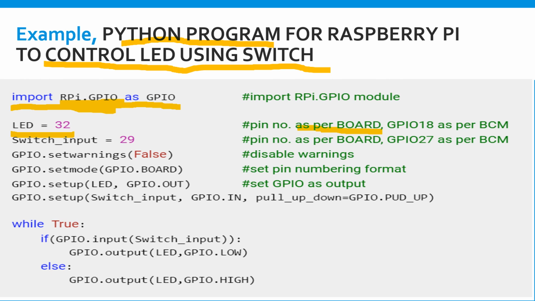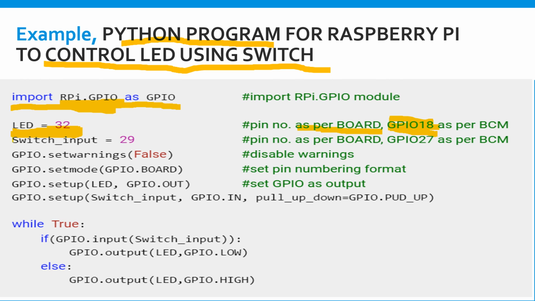If we are talking about BCM pin number, then we have to use pin number 18, because GPIO pin number 18 is nothing but physical pin number 32. Here we are using the pin number as per board, and therefore here LED is equal to 32, means LED is connected to pin number 32 of the board. If I want to use as per BCM, then I have to use GPIO 18 here. Instead of 32, I have to write 18.